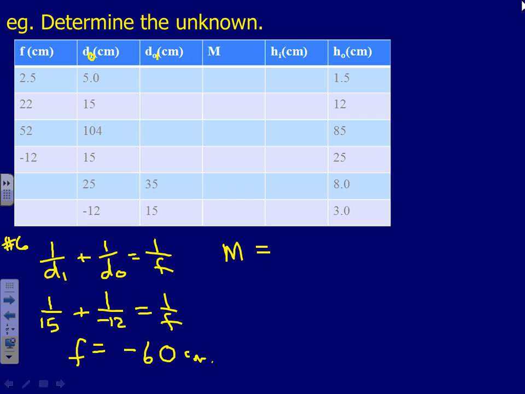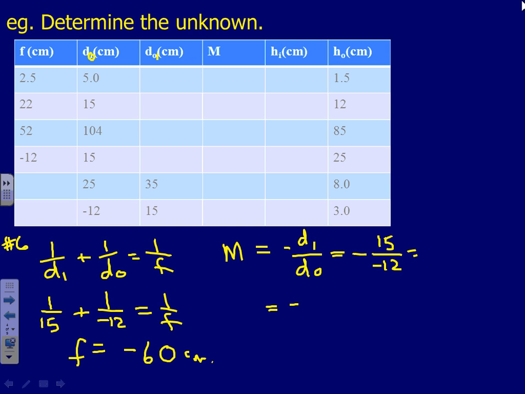Magnification. Negative di over do. Negative, what's di? 15? 15 over negative 12.